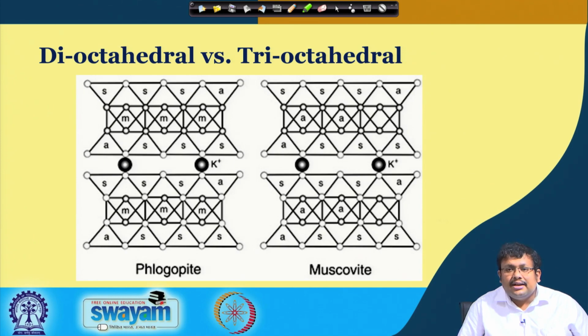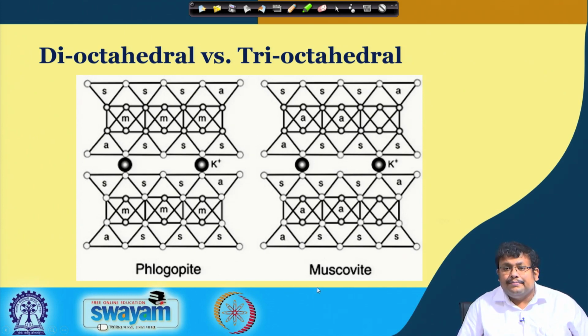An example is phlogopite. And remember one thing, if a divalent cation like magnesium is present, then it will give this trioctahedral structure. And if 2 out of these 3 octahedral positions are filled due to the presence of aluminum, that is Al3+, then we will see this is a dioctahedral structure. So, this is called a trioctahedral structure, this is a dioctahedral structure.